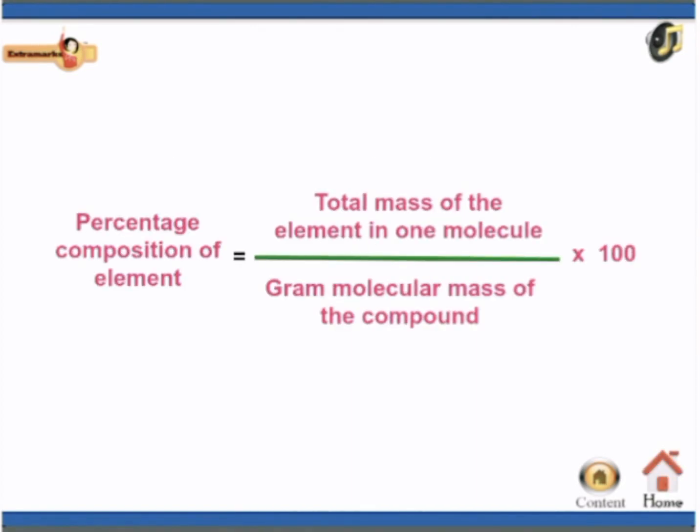Thus, the expression for the percentage composition for an element is total mass of the element in one molecule upon gram molecular mass of the compound into 100.